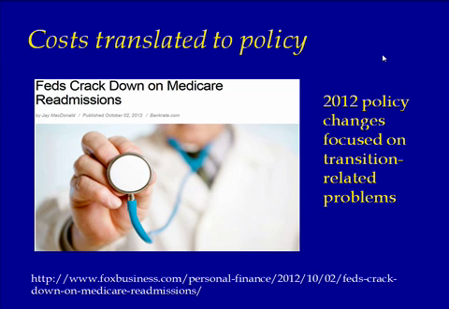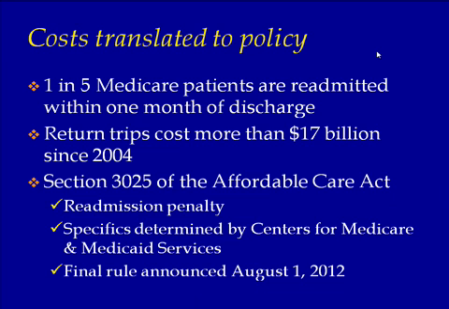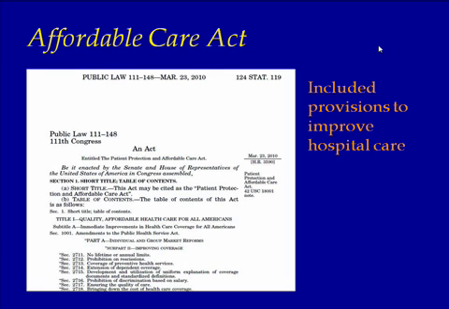So here we go down this pikeway of, in 2012, there were policy changes really that emerged in the Affordable Care Act related to Medicare. And that related to, notes on the slide, 1 in 5 Medicare patients are readmitted within a month. That costs us a lot of money. And the return trips are costing $17 billion. So the Affordable Care Act addressed this, as most of us are well aware, and made it clear that there are going to be some teeth in readmission.